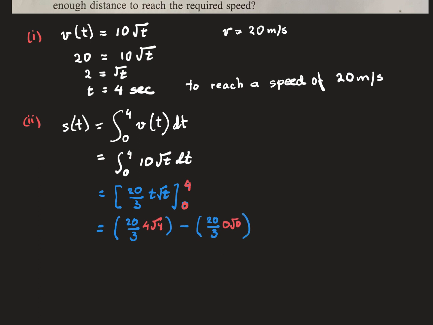Okay, so to finish off, we have 20 on 3, 4 times 2 is 8, which is 53 and a third meters. So yes, he will be able to make it to the ramp, because the ramp is 55 meters and he can do it in 53 minutes.